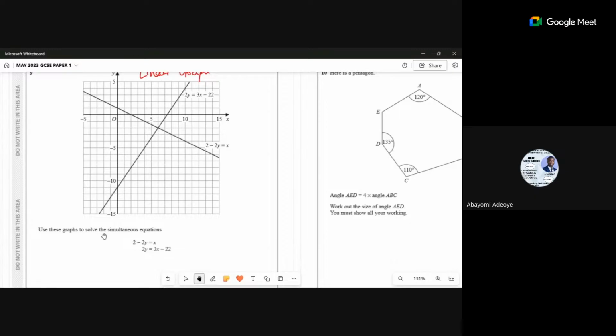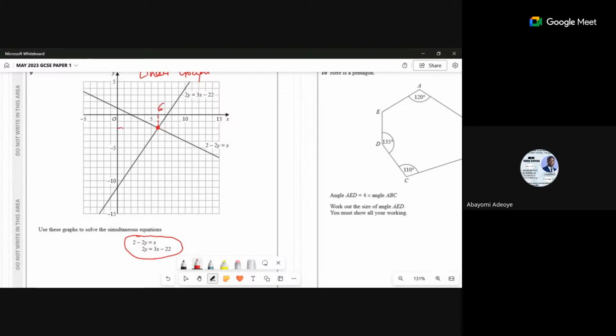Use this graph to solve this simultaneous equation. So how do you find the answer from the graph? Do you have an idea? No. Okay. You look at the point where the 2 lines meet. So they meet at this point, right? So for your value of x, you trace it vertically. What's the value of x here? This is 5, this is 10, so that's 6.